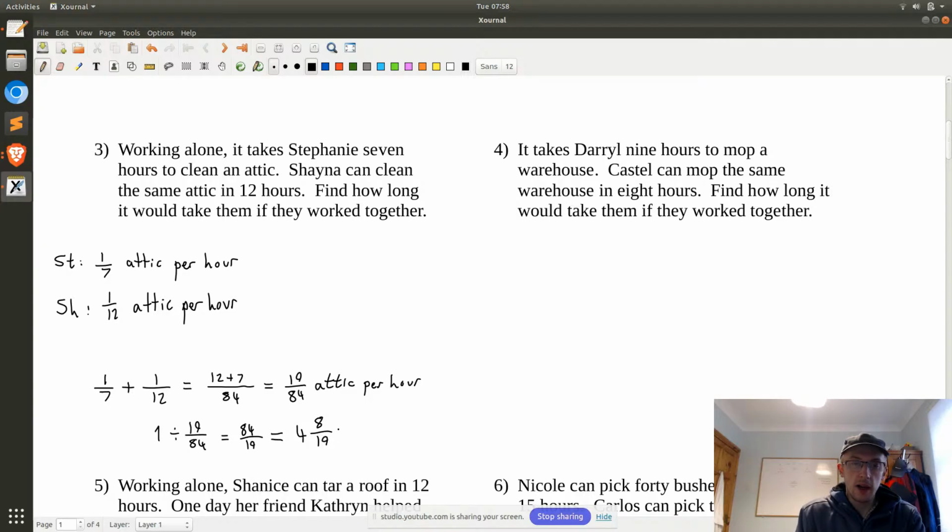So to the nearest hundredth, they say, well, 19 goes into 100 about 5 times. So it's going to be like 4.4-ish. But you have to check. 4 and 8/19.